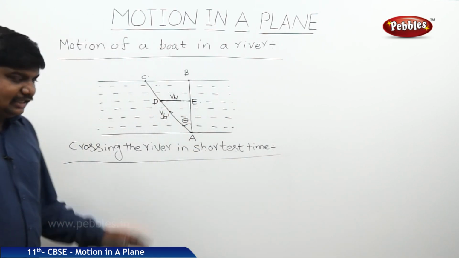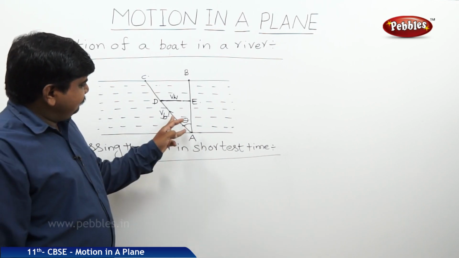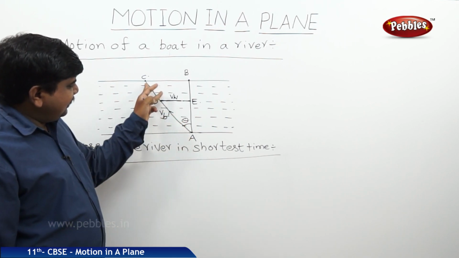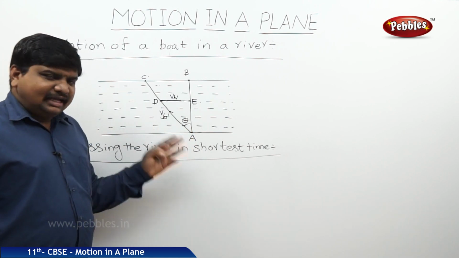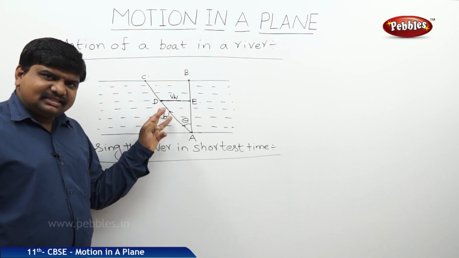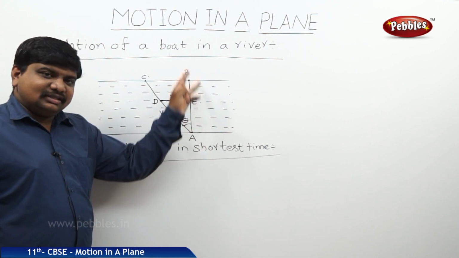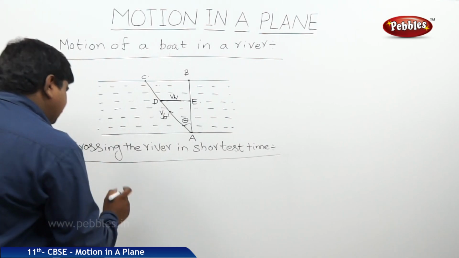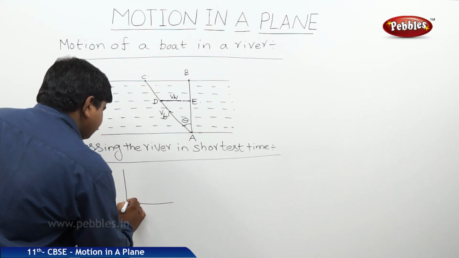So what we can understand from this concept is, let us suppose this line indicates the direction of velocity of boat. We can take the resolution of this velocity vector into two ways. One is along the x-axis, one is along the y-axis. This is velocity of boat.